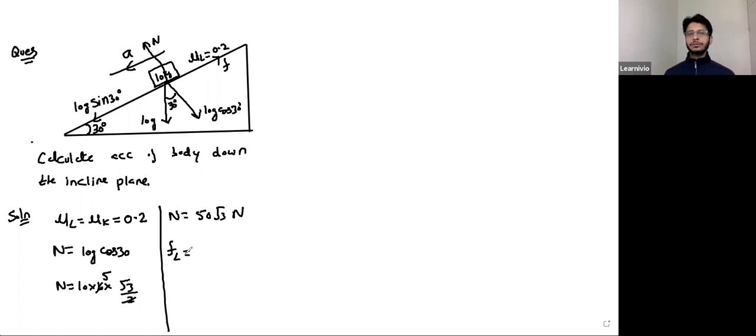After normal reaction, you can calculate force of limiting friction or force of kinetic friction, which is equal to mu N. Mu 0.2, 50 root 3. Force of limiting friction and force of kinetic friction, they are equal. It comes out to be 10 root 3.